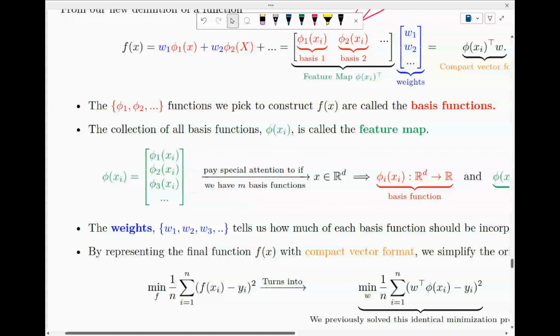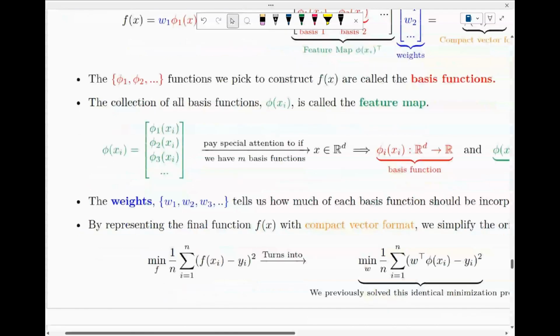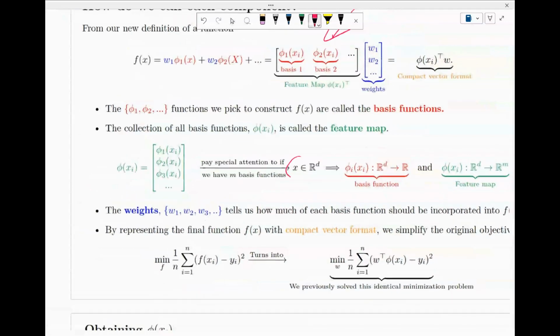Let's pay more special attention to the dimensions. The data is x, and the data is d dimensions. Therefore, for just one basis function, you put the data in, which is d dimensions, and the output of the basis function is just one dimension. Each one of these gives you an output of one dimension.